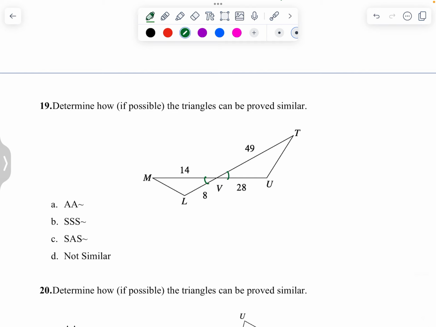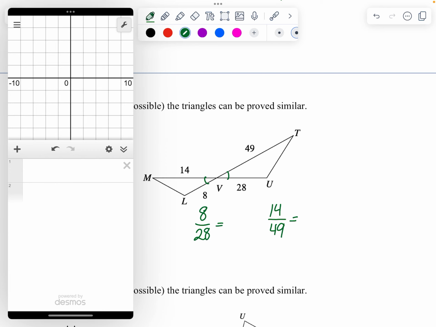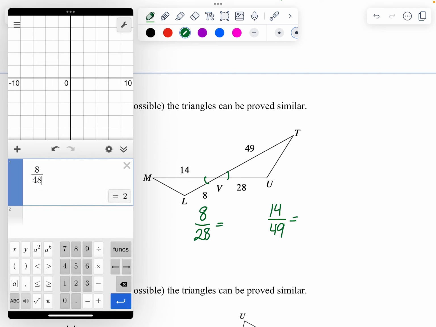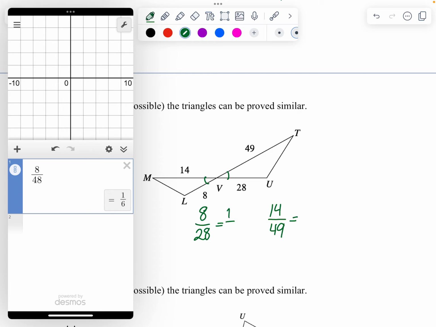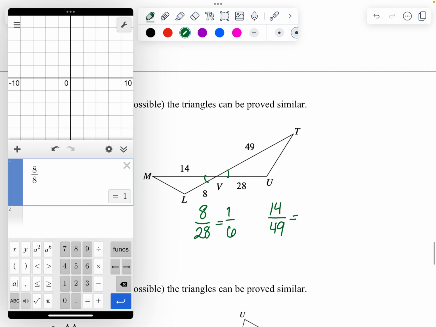Here, we have vertical angles. That's the first thing I see. Now let's check and see if the sides are proportional. If the sides are proportional, then we're looking at side, angle, side similarity. So we're going to take the shortest side and put it over the shortest side. So that's going to be 8 over 28. And compare that to 14 over 49. 8 over 28, my bad.